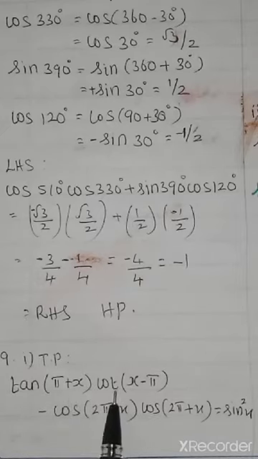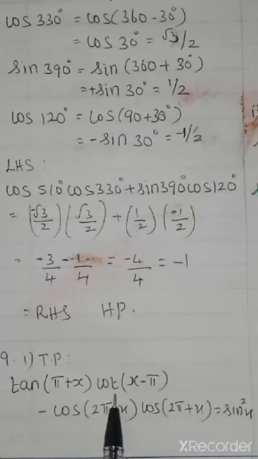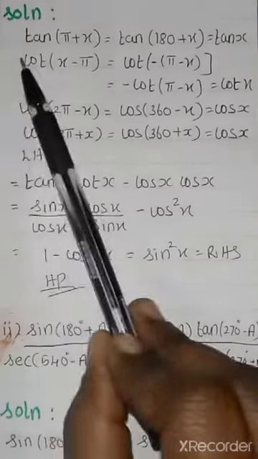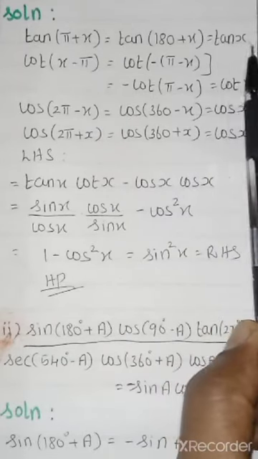Okay, now do you know what is the value of tan of 180 plus theta? Yes. So we have to substitute here. Now this one, cot of x minus 180. If it is 180 minus x, now we know the value. Correct? So we have to take one minus outside, then you have to find out the answer. This is also a direct formula, you have to substitute. Let's see the solution. So first one, tan of 180 plus theta is tan theta. So tan x.